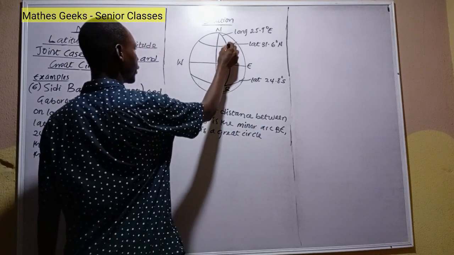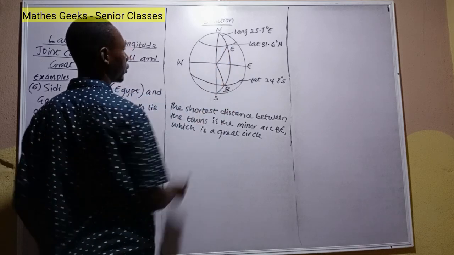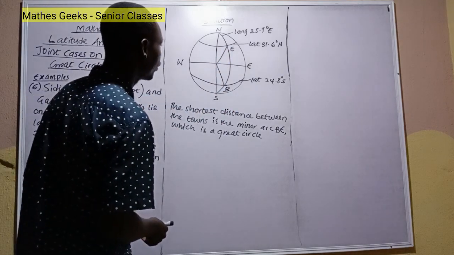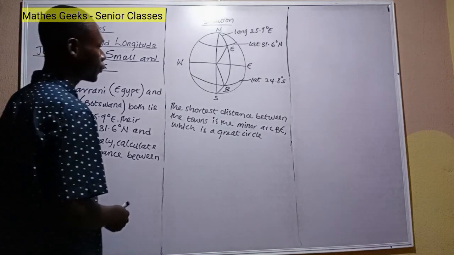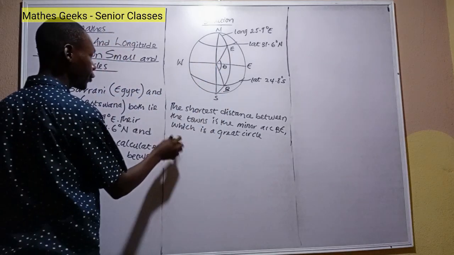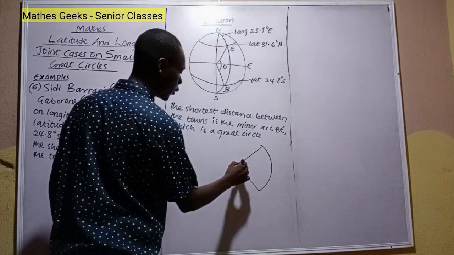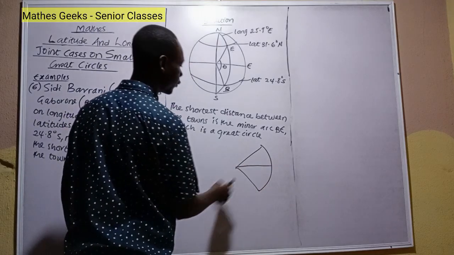Since both of them are lying on the same line of longitude, they can be measured from the equator. So the angular difference between them, theta. So we have this, and this is the radius of the great circle.